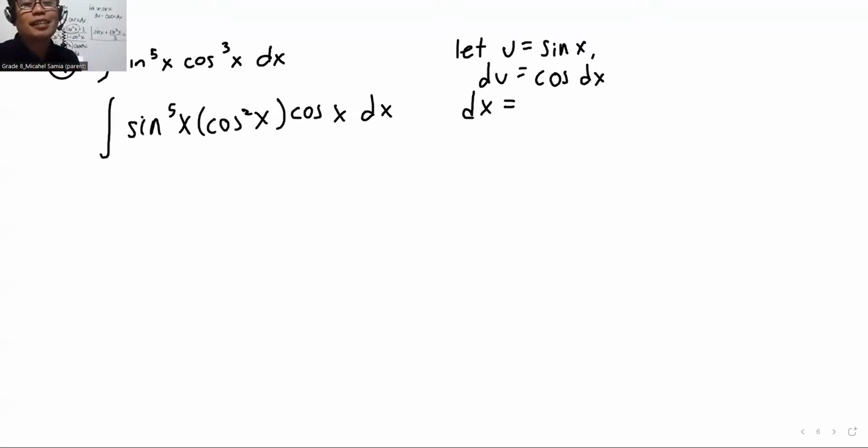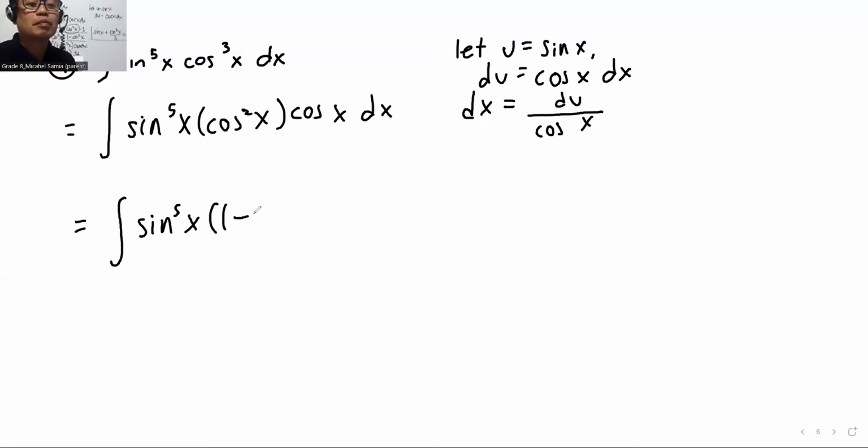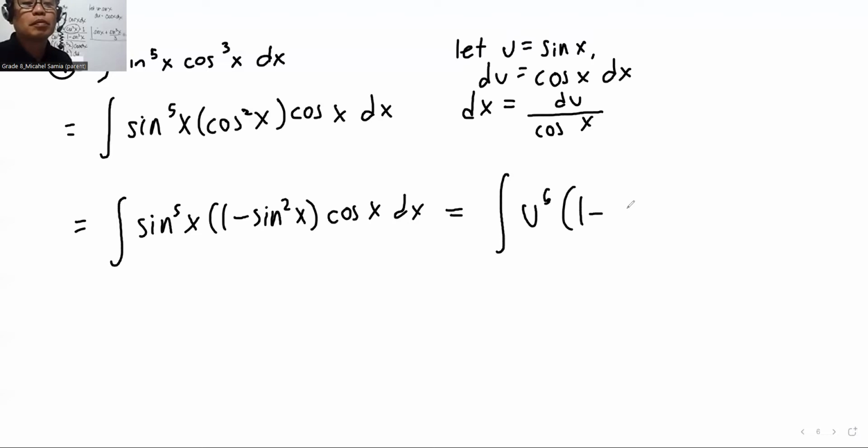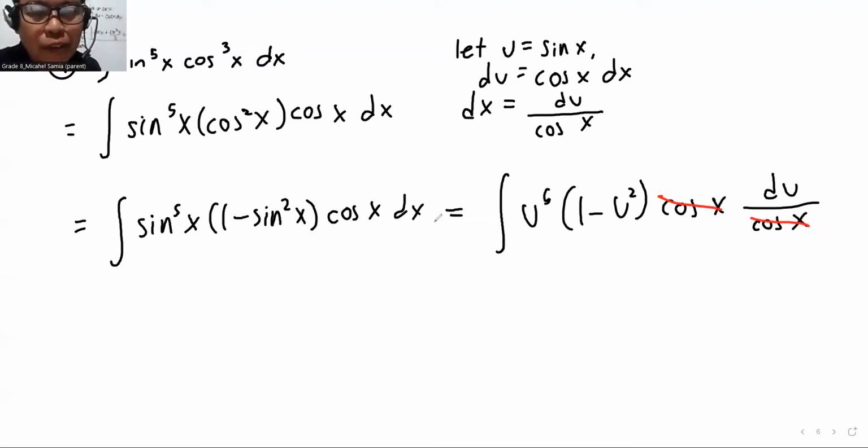Cosine x dx. Josh, 5 ba yun? U to the 5th ba yun?